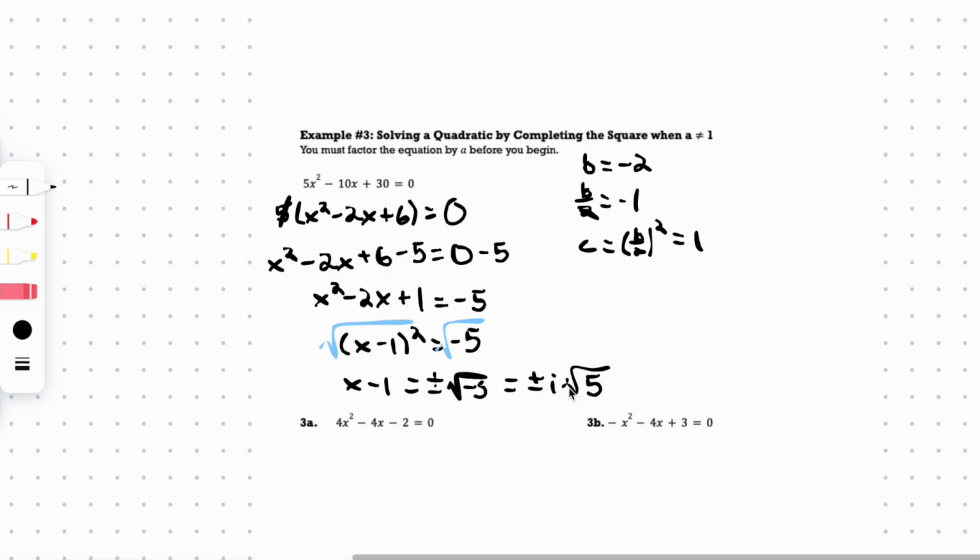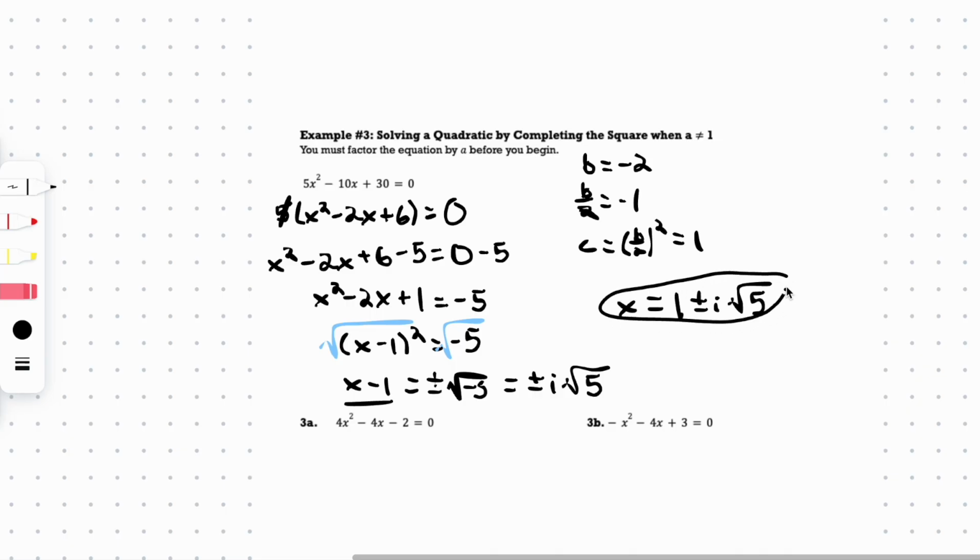Because we said i is equal to the square root of negative 1, so I can just take that out. Now, if we move over this 1, we want to just get x by itself. So I'm going to add 1 to both sides. We get x equals 1 plus or minus i root 5.